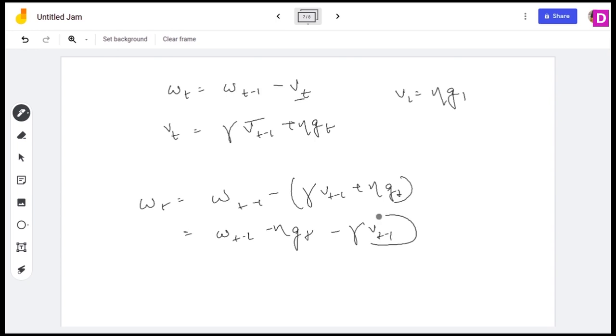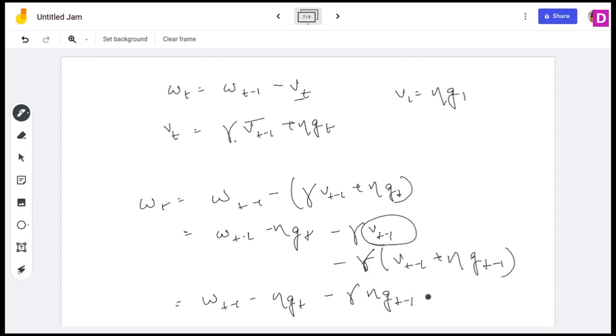Now, if we replace Vt minus 1 here with this formula again, this brings us to gamma times of Vt minus 2 plus eta times of Gt minus 1. This goes on and on, and comes out to minus eta times of Gt minus gamma times of eta times of Gt minus 1 minus gamma square times of eta Gt minus 2 and so on until it reaches gamma t of eta G1.